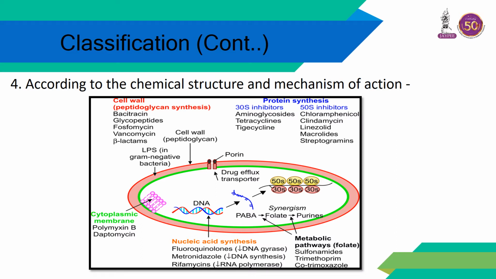And the fourth way is based on the mechanism of action of a particular drug. Suppose for example we take an antibacterial agent. This antibacterial agent can act either on the cell wall of the bacteria or the cytoplasmic membrane of the bacteria, or it may decrease nucleic acid synthesis, that is, it works on the genetic mechanism of the bacteria.